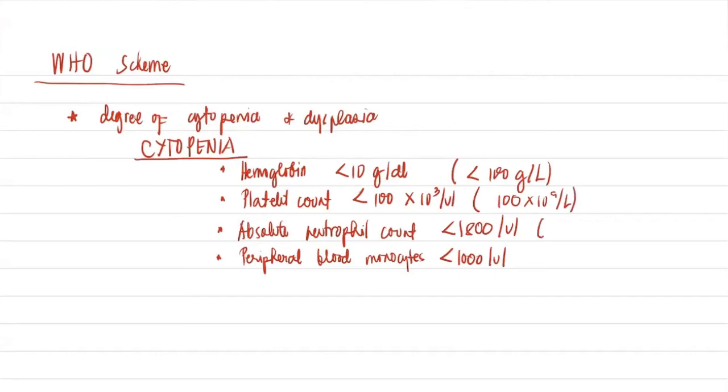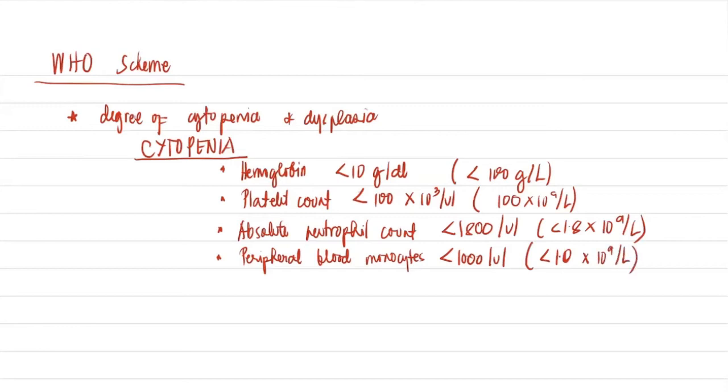So this is less than 1.8 times 10 to the 9 per liter, and this is less than 1.0 times 10 to the 9 per liter.